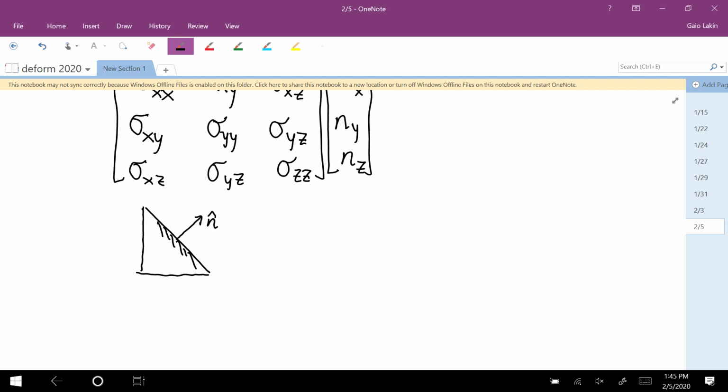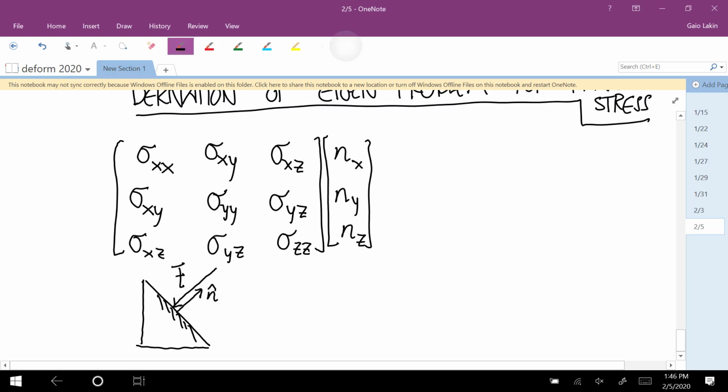It could be in or it could be out, depending on what the factor is that you're multiplying it by. But it's going to be in that same direction. So the normal goes that way. The traction can go either way. I'll draw it the other way. Okay. And so we can write this as lambda times this same unit normal.